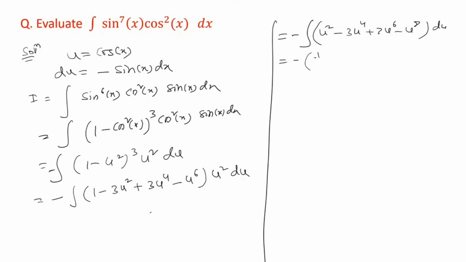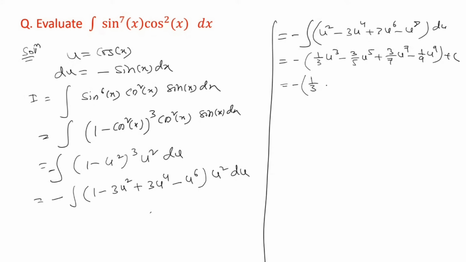So this equals minus 1 over 3 u cubed plus 3 over 5 u to the power 5 minus 3 over 7 u to the power 7 plus 1 over 9 u to the power 9 plus c. Substitute back the u.